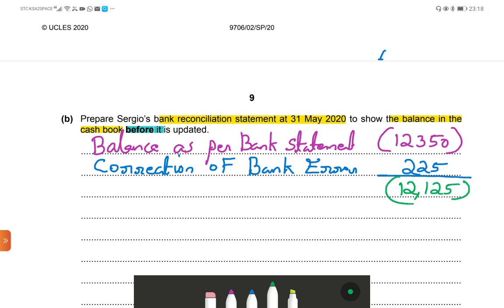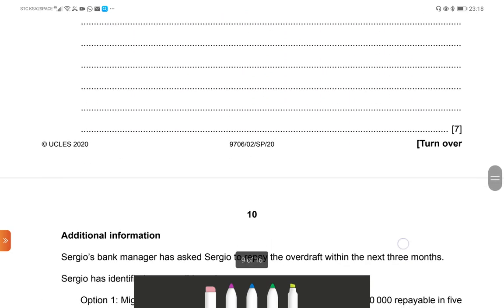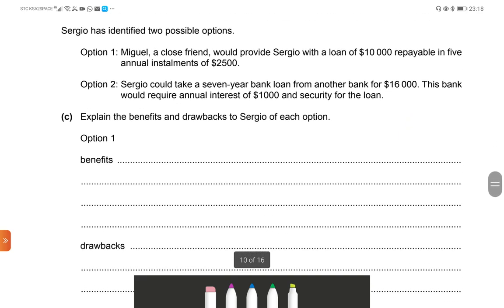That's why you keep the bracket. Now first step we are done. Error correction we are done.